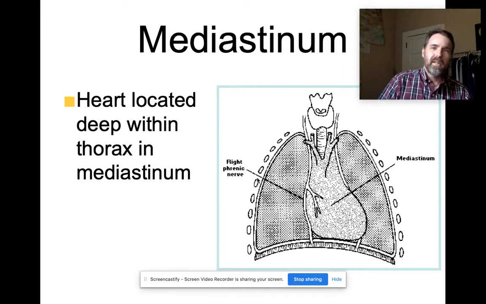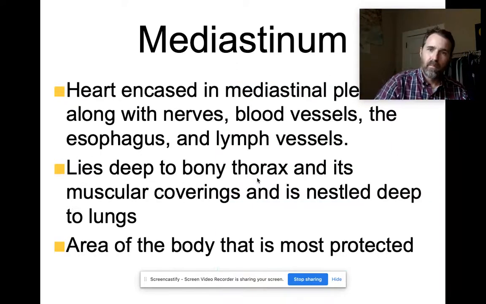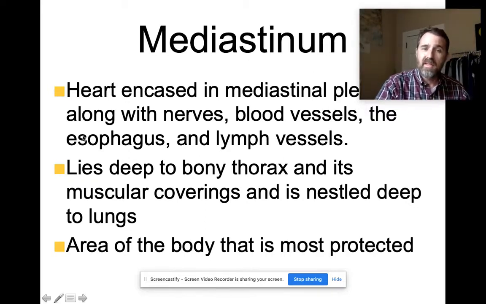I mentioned this at the beginning of the class, but the location of the heart in the thorax is called the mediastinum. Within the mediastinum, you have the nerves, the blood vessels, the lymph vessels that service the heart. As it says here, the esophagus passes through the mediastinum on its way south to the stomach.